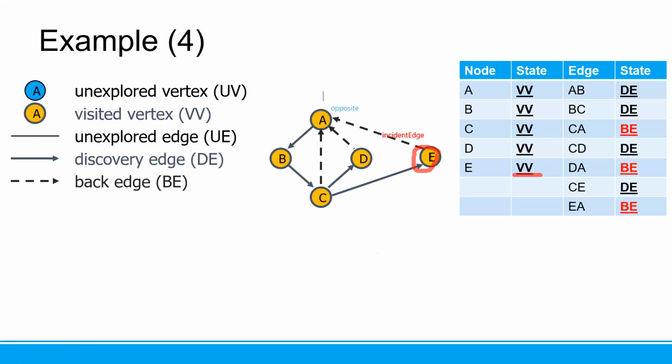Then this incident edge is a back edge. Do we finish all? After we have in the E, yeah, we finish everything.